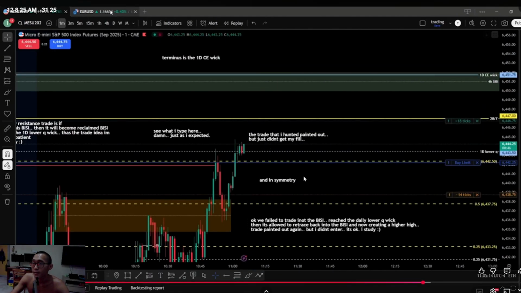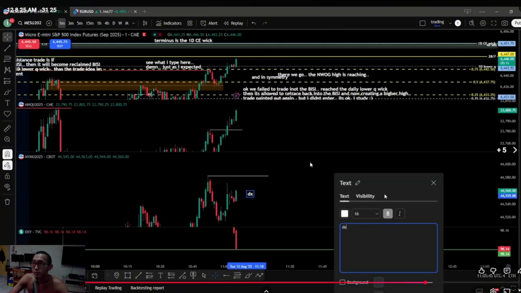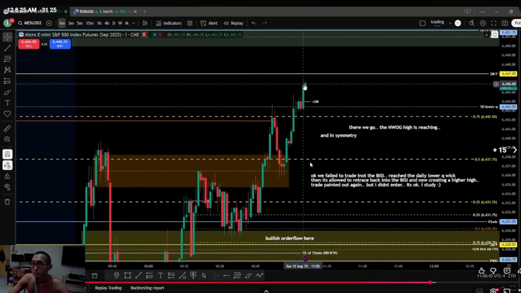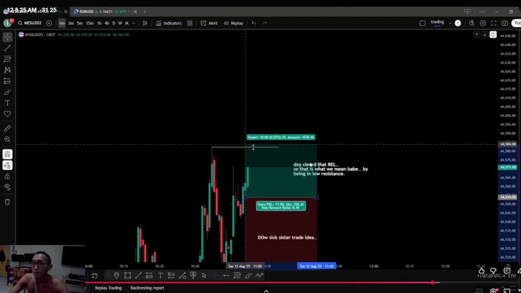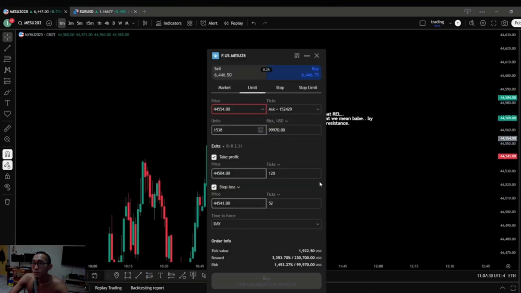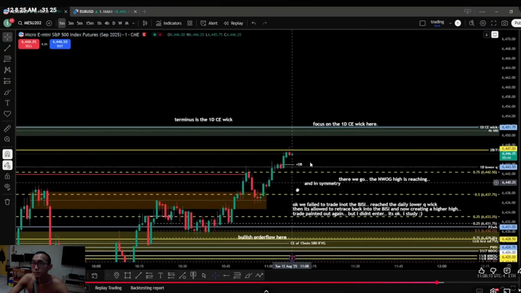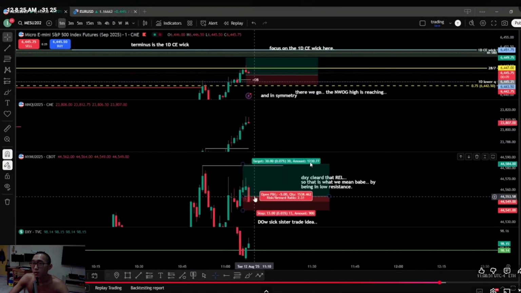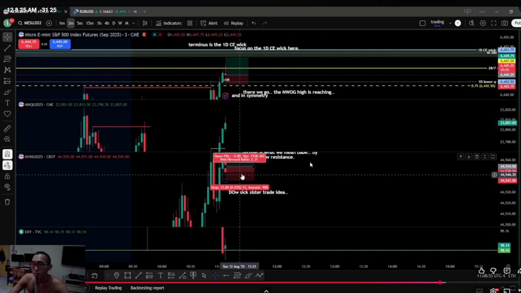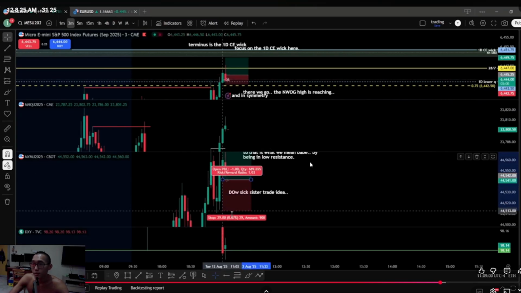So I wanted to enter another trade here. Will I enter this trade here? Okay, so Dow's pulling lower. Dollar went down, clear sell side.